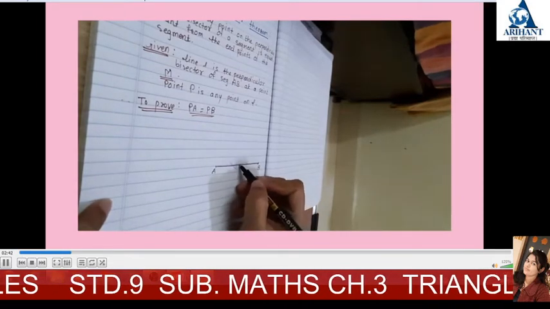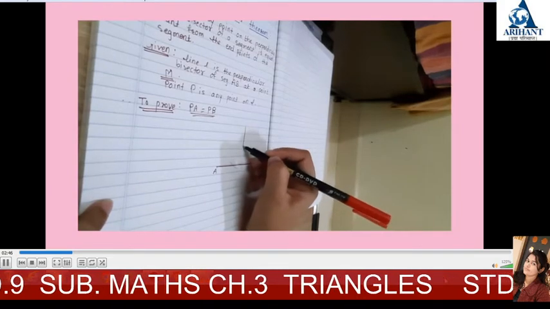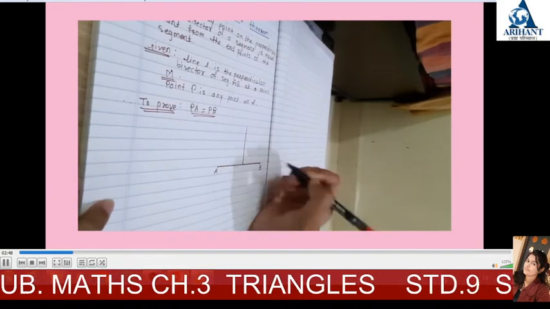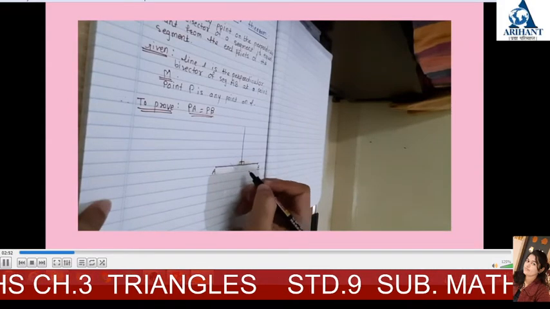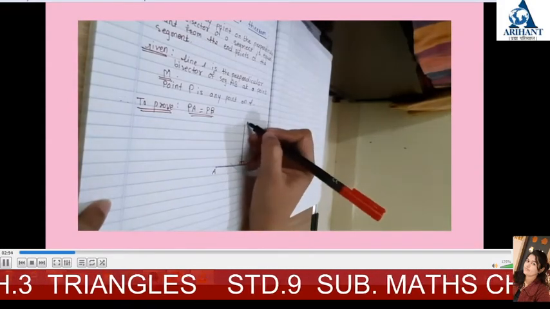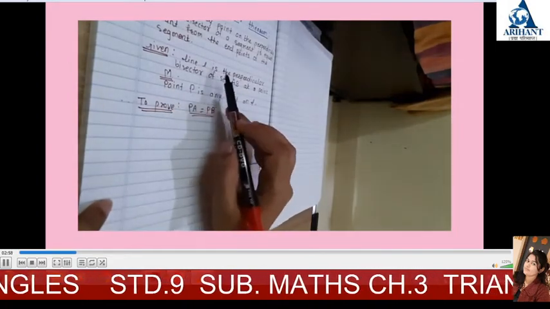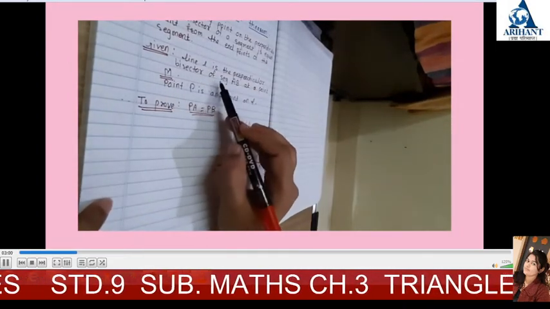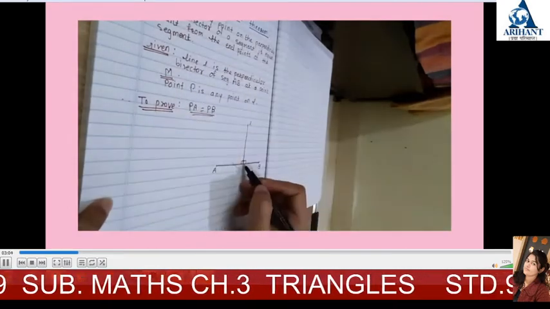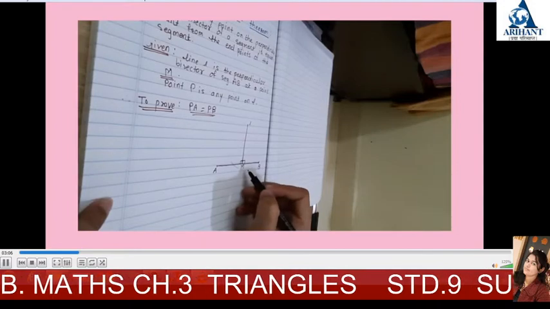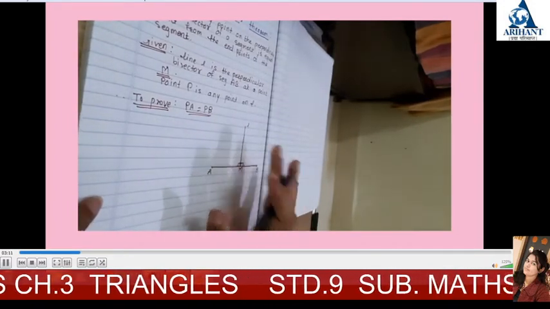Perpendicular bisector means the line L should be perpendicular to AB. So it is perpendicular. Let's give it the name L. And the line L is the perpendicular bisector of segment AB at a point M. So this point should be M. So this is the given part.